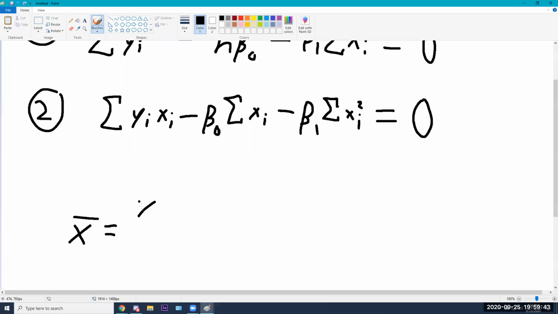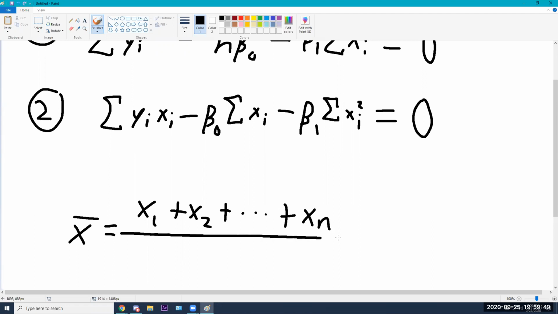So x1 plus x2 plus dot dot dot plus xn, all over n. This is equivalent to the sum from i equals 1 to n of xi, over n. This is just adding up all the xi terms, x1, x2, x3, all the way up to xn, and then dividing by n.